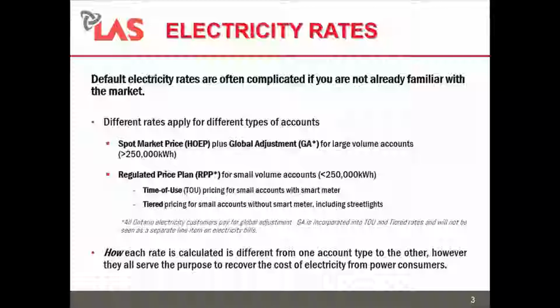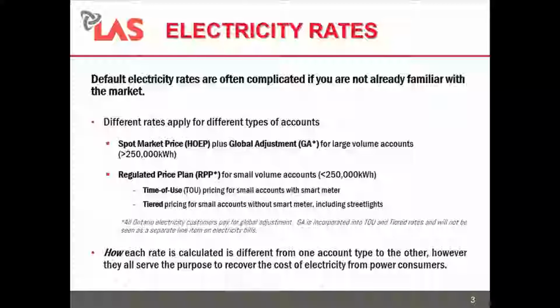One thing we want to emphasize is that it doesn't matter whether you pay the spot market rate plus global adjustment or you are under the RPP plan. The whole idea is that the electricity rate will cover the cost of generation and production. So basically, the utility doesn't really make money on this part of the charge.